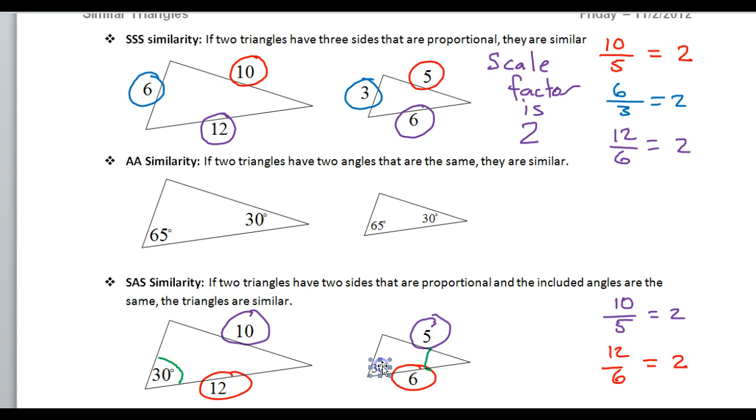Even if this 30 were also over here, still, these two triangles are not similar. We cannot be sure that they are similar. It has to be two proportional sides and the angle that's between them, not the angle that's off to the side. Okay, so that's the background.